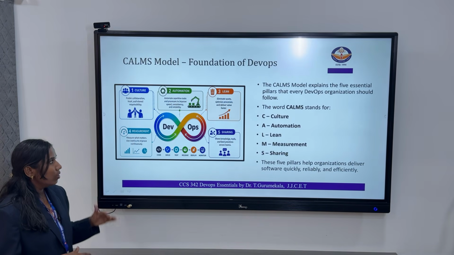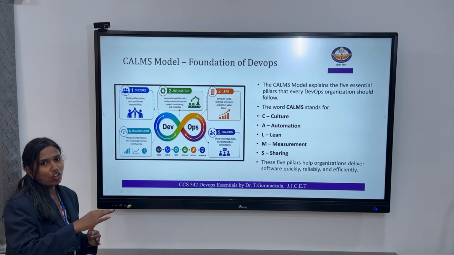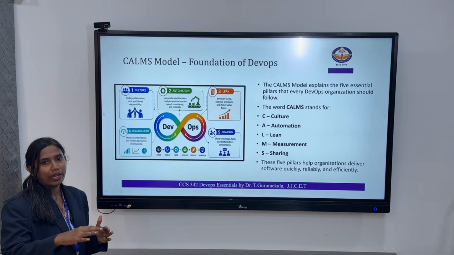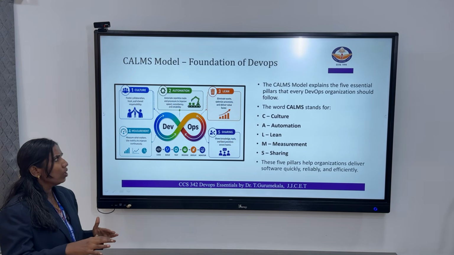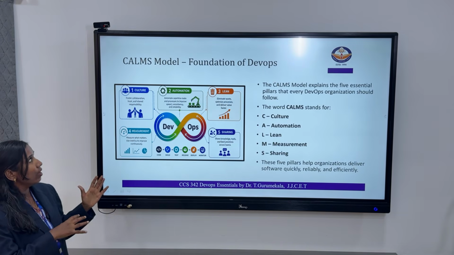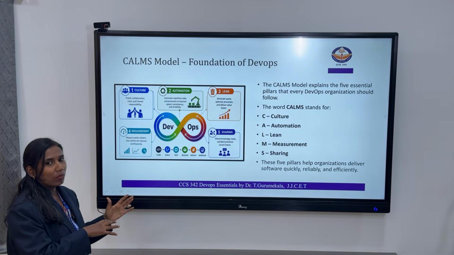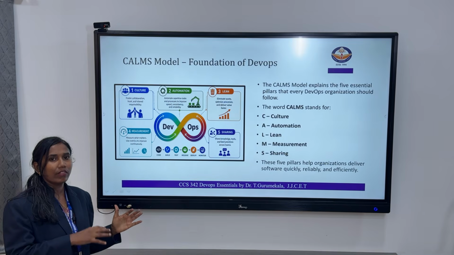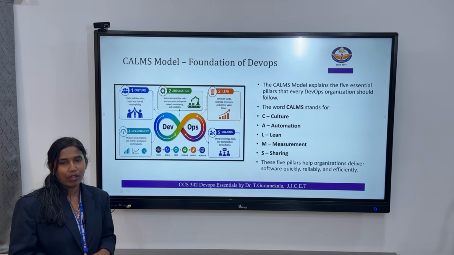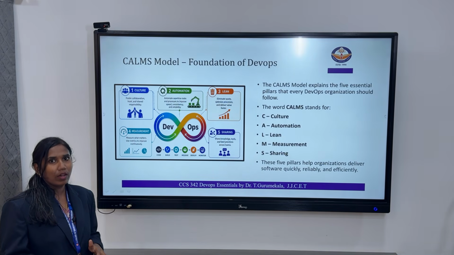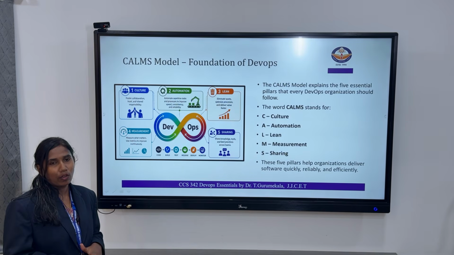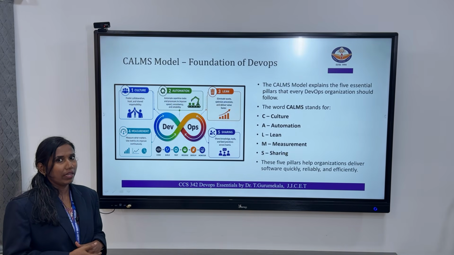This is the culture upon which all the principles are executed. These principles and this culture, called the CALMS model, ensure that the company is able to produce high quality software for customers with the expected requirements and within the stipulated period of time.